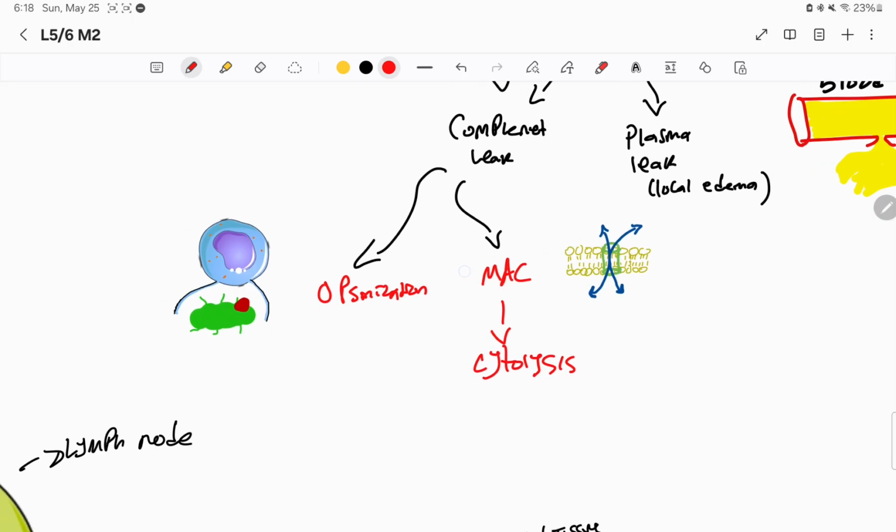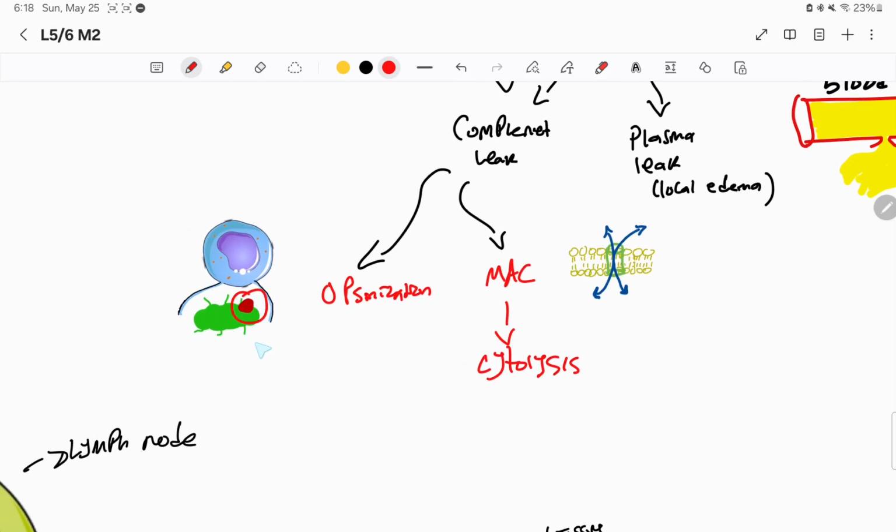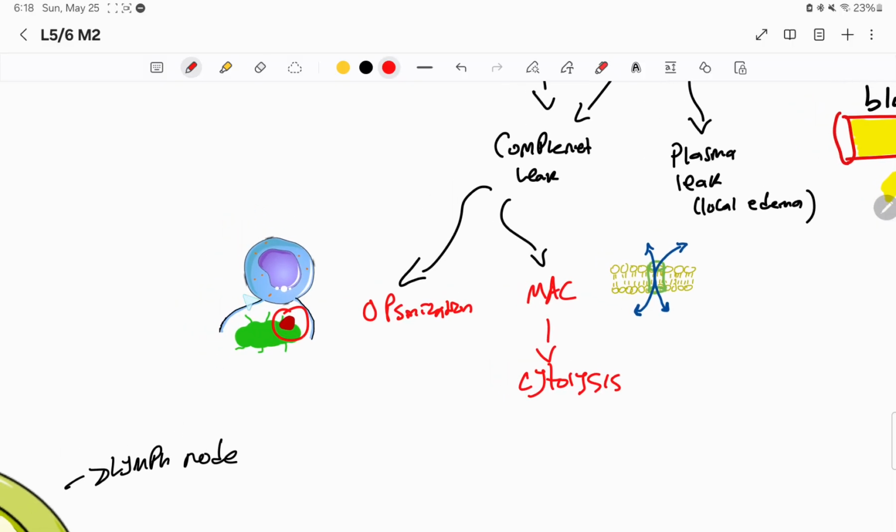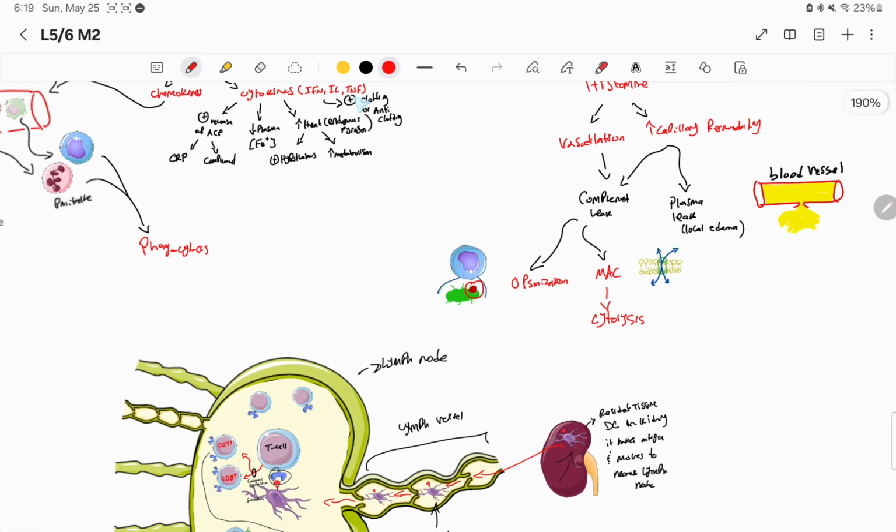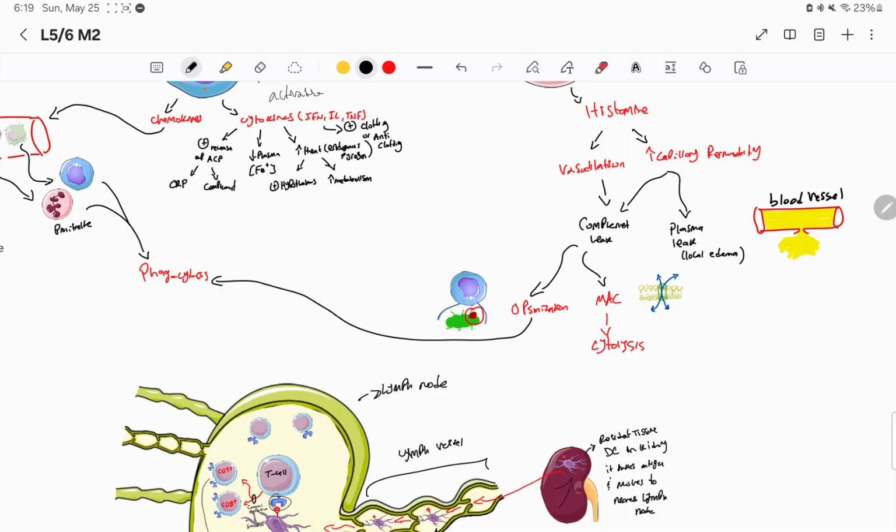Increase phagocytosis, right? So here is that complement protein that's opsonizing this bacteria and increasing the phagocytosis rate by these phagocytes. So increasing phagocytosis. Beautiful.